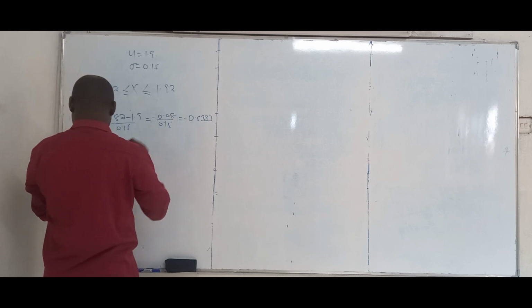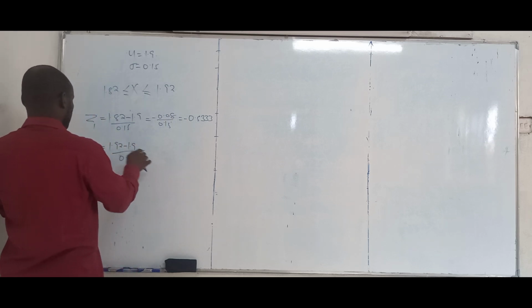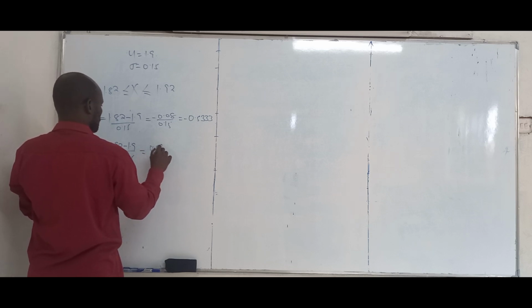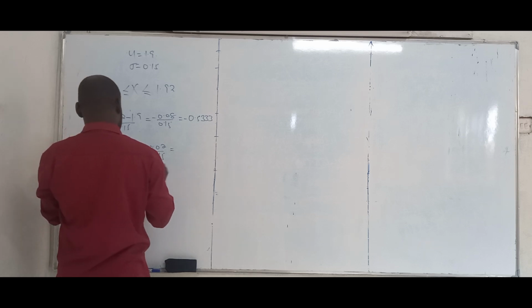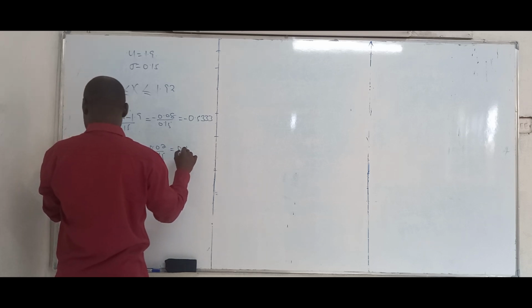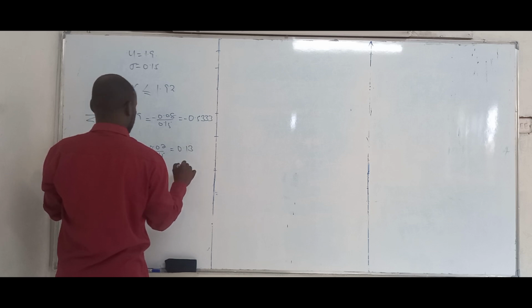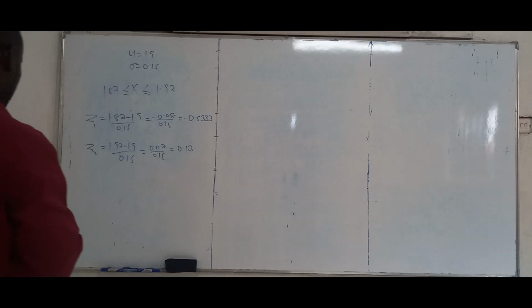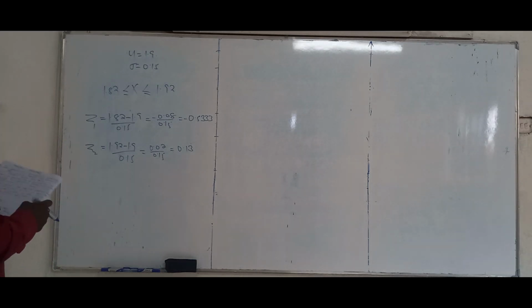Then the second option gives us 0.02 over 0.15, and that is 0.1333, 3 recurring again. So those are the two values of Z that we have.